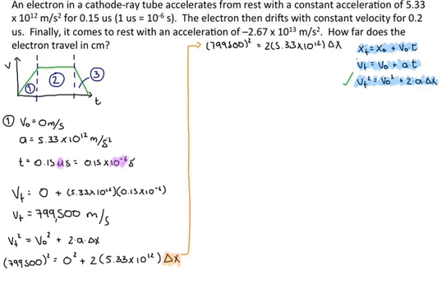So solving for the change in x, which is the displacement, we have 799,500 squared divided by 2 times 5.33 times 10 to the power 12. Now you plug all of this into your calculator, and you should come to the displacement of the electron in this first period of time.